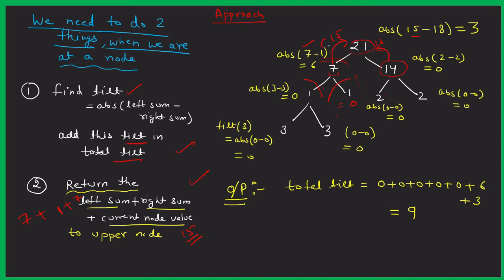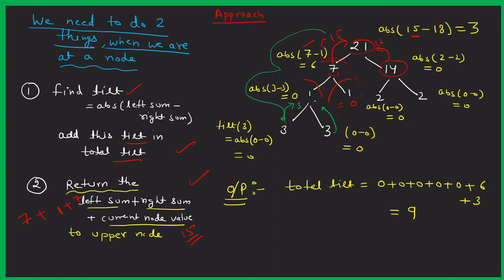So if you see, what we are doing is we are first traversing the node to the left, and when we come to the leaf node, we find the tilt. Then we return this 3 to the upper node. Then we come to the right part, and we return this 3 after finding its tilt first.